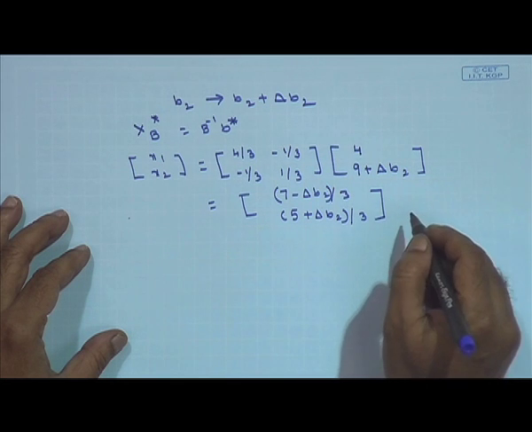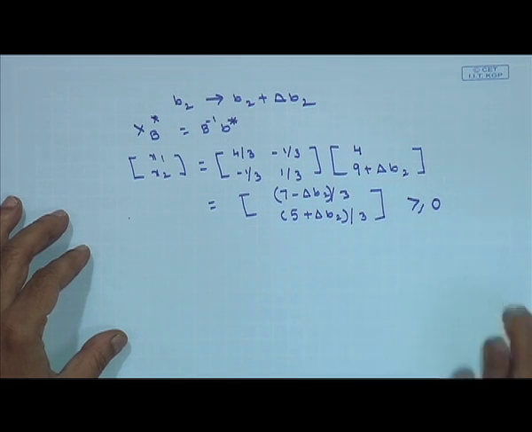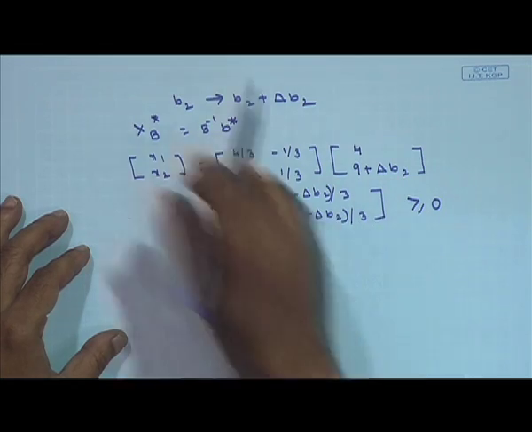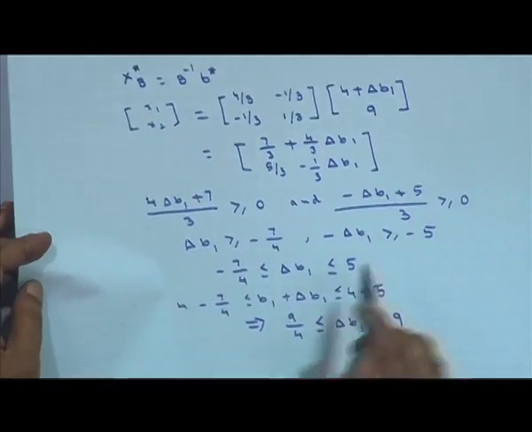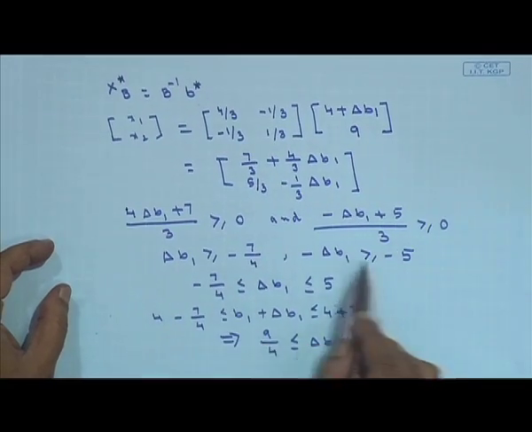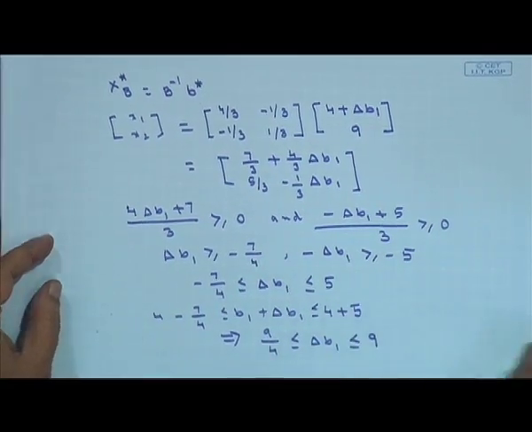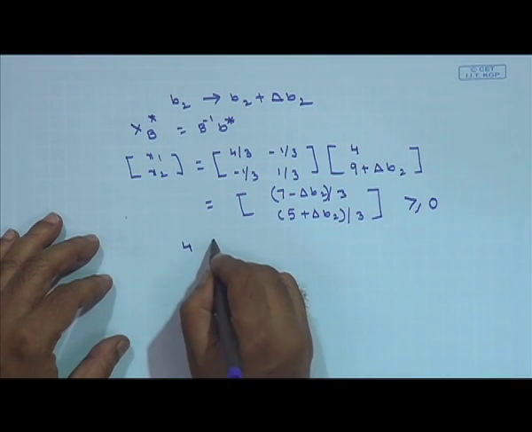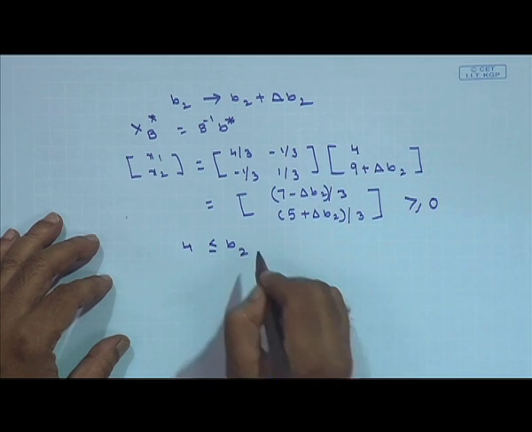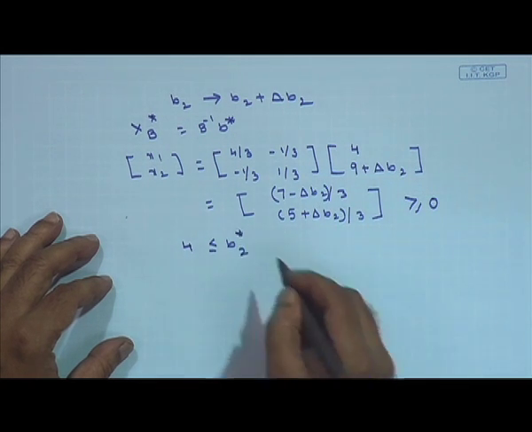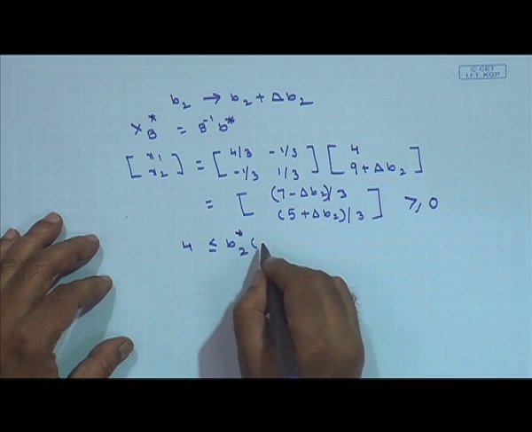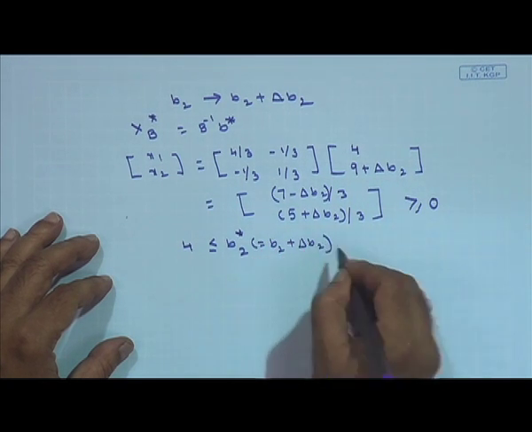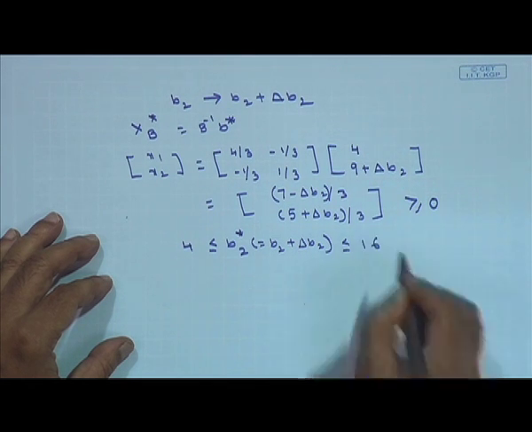Now, for feasibility this should be greater than or equal to 0. Following the same method as earlier, you can get the lower bound and upper bound, and if you combine both of them, then ultimately you will find 4 less than or equal to B2 star, which is nothing but B2 plus delta B2, less than or equal to 16.